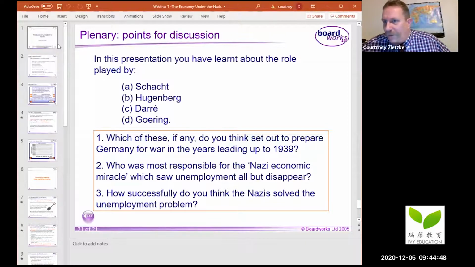We had 1.39 million people in the army. We had a massive, massive buildup of aircraft. In fact, an Air Force was actually created, the Luftwaffe. Plus, we had more ships, more army, more guns, more tanks.